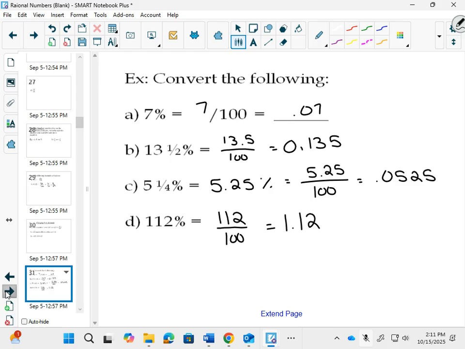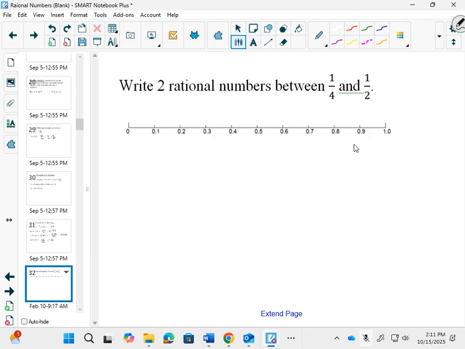But then there's this. Okay, so what you're going to do for the rest of class is we'll do one together. You can take out your calculator and you can find out, and some of these you might not even need a calculator. 1/4 is 0.25. 1/2 is 0.5.